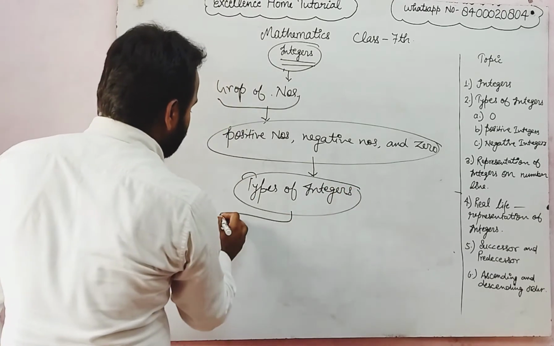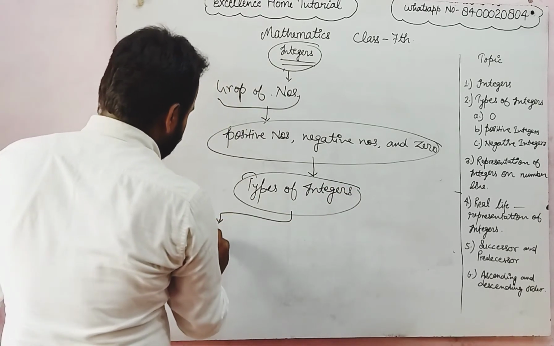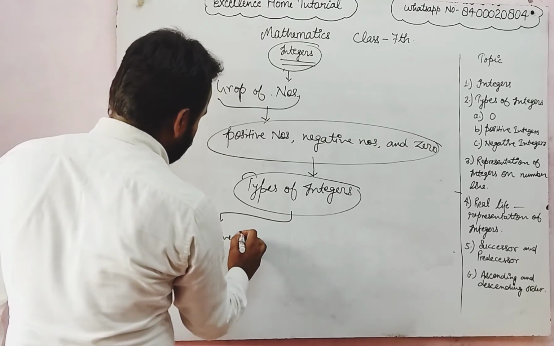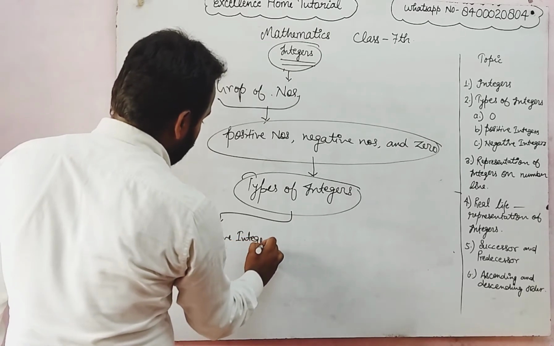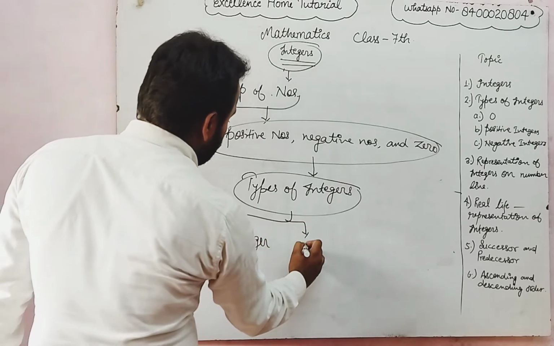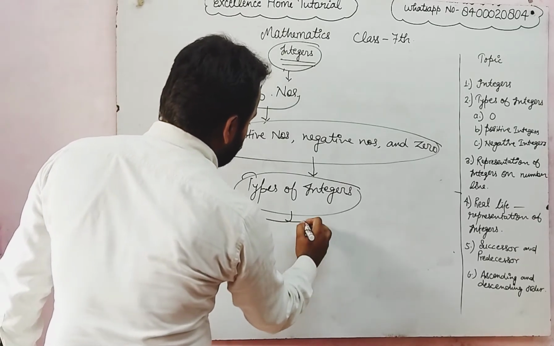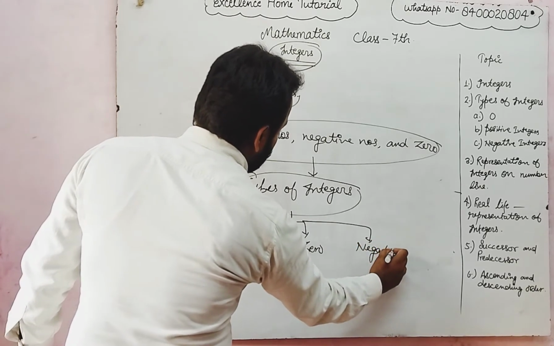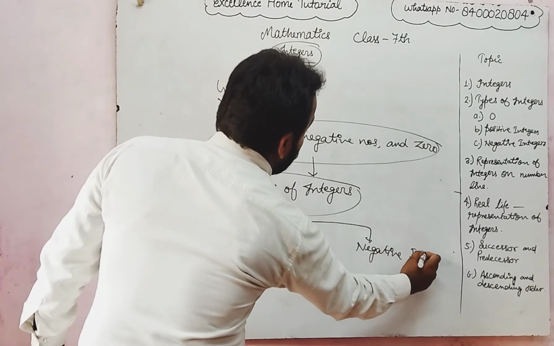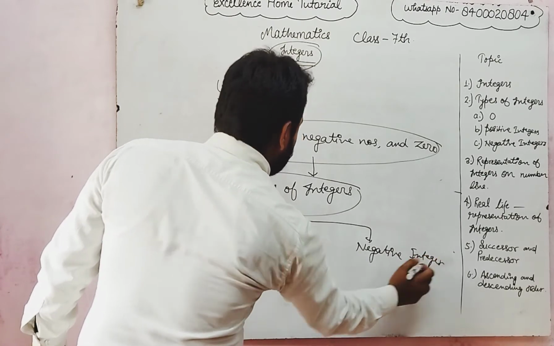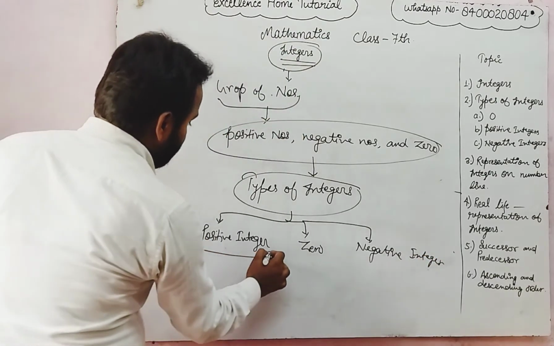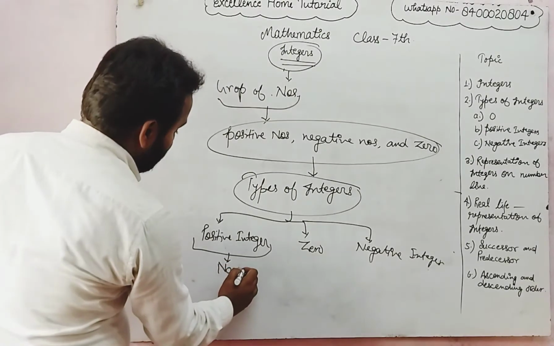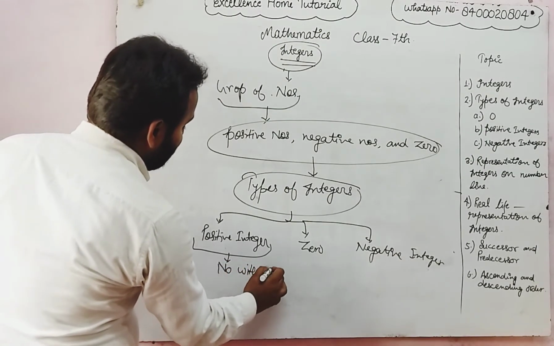There are 3 types of integers: first, positive integers; second, 0; third, negative integers.